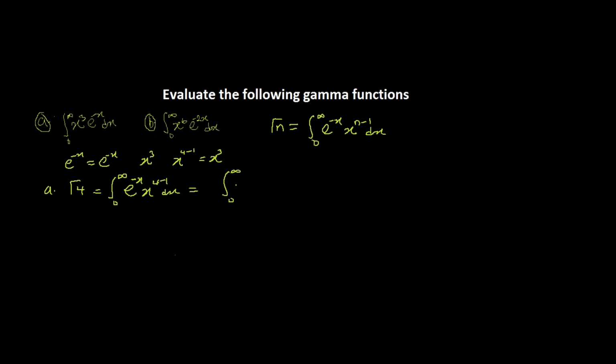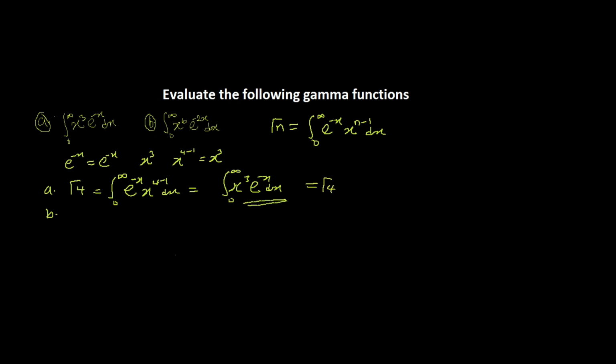Multiplication is commutative, so whatever comes first is not wrong. So we have x raised to the power of 3 exponential minus x dx. So discover this is equal to this. So this expression is for gamma 4, which is your answer.